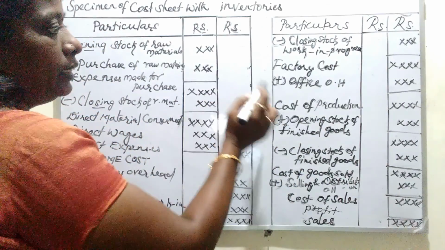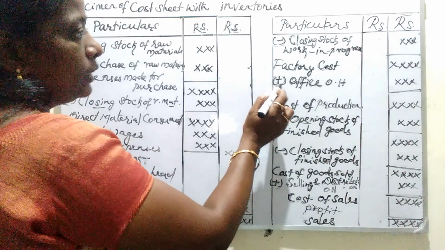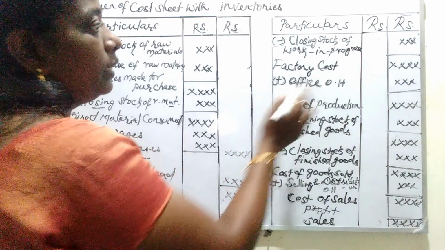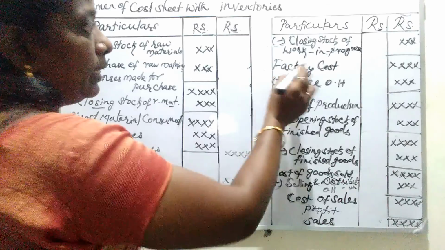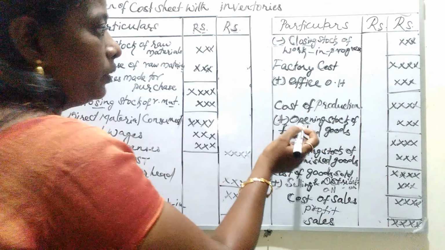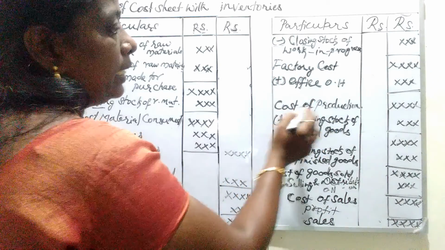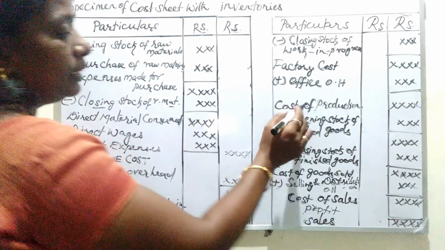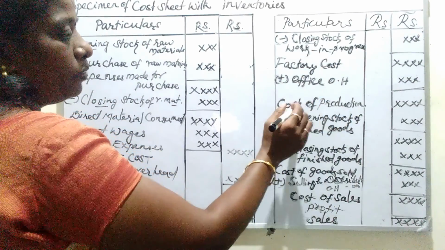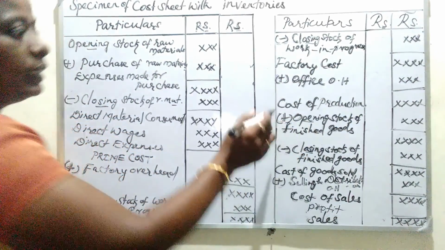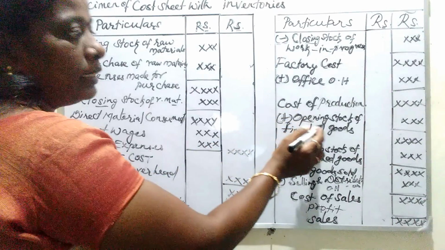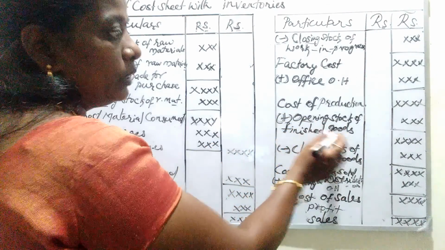Then the next procedure is to add the office overhead with the factory cost. The answer is the cost of production. This is the total cost for the production process. Then here we have to adjust the finished goods stock.